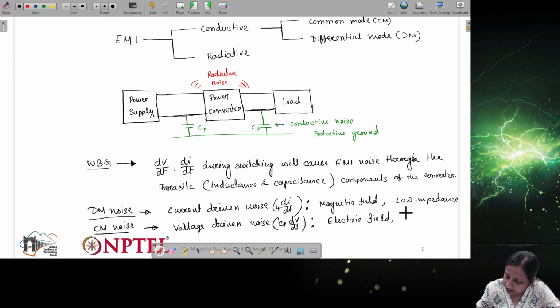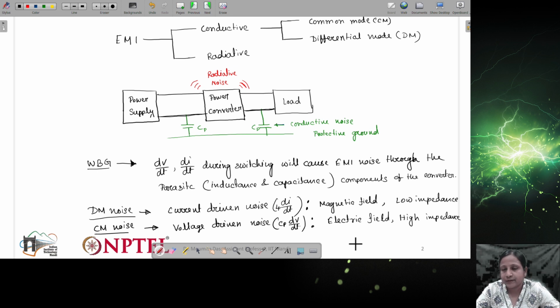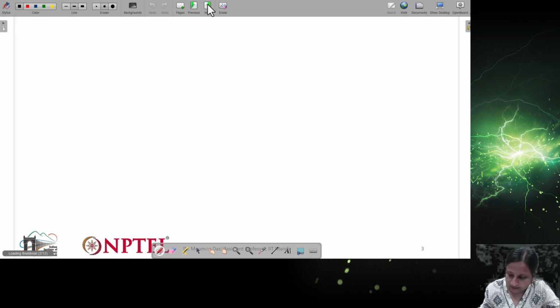Okay, so electric field and also high impedance. With respect to capacitance, this is coming as high impedance, and inductance is coming as low impedance. The current will be higher, and here the rate of change of voltage will be higher. So these are the reasons for these CM and DM noises.